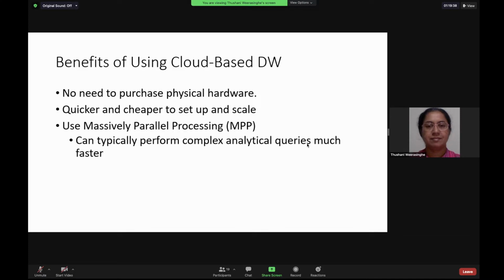So a large number of processes can be carried out at a time, and we call it massive parallel processing. These things are typically complex, yet very fast as well. That's how they will provide you support very quickly.